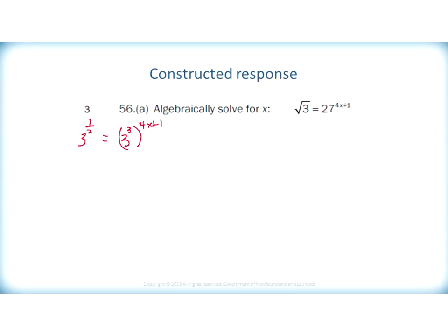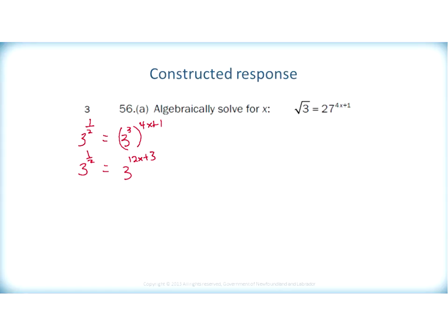And so we're using the distributive property here. That is going to be 3 times all of 4x plus 1, so 3 times 4x and 3 times the positive 1. This will give us 3 to the 1/2 will equal 3 to the 12x plus 3.